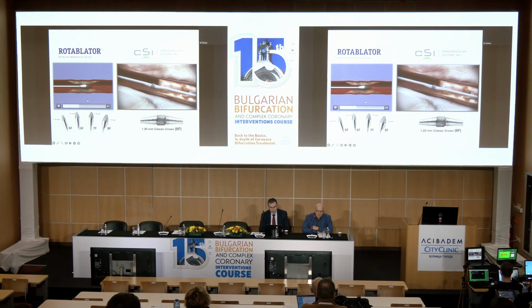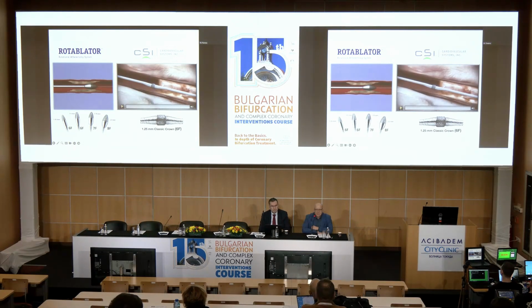What I could already test by Boston Scientific, there is now in the pipeline an olive burr, which is completely covered by a diamond surface. So you can go forward and you can even ablate if you go backwards.